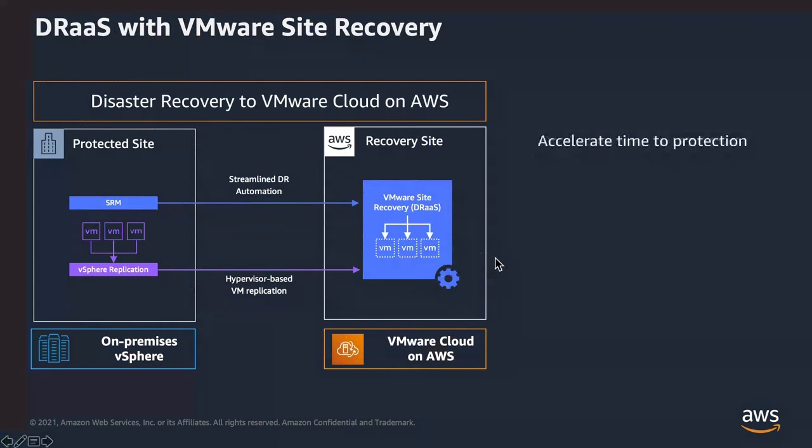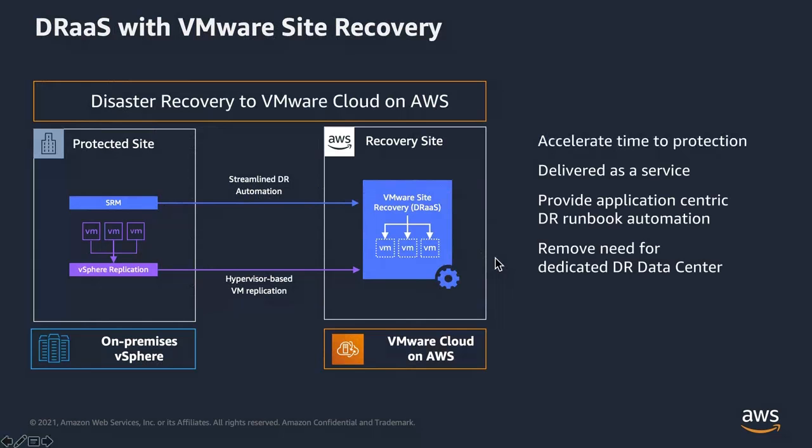So if you build it up a little bit afterwards, what this would entail is removing your need to have a DR site because we are using VMware Cloud on AWS. Now, this VMware Cloud on AWS environment can be not only for site recovery, but you can also use it for other workloads.